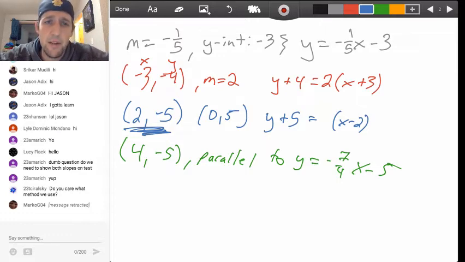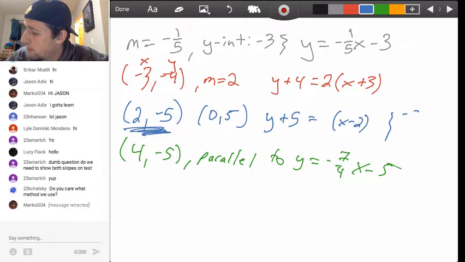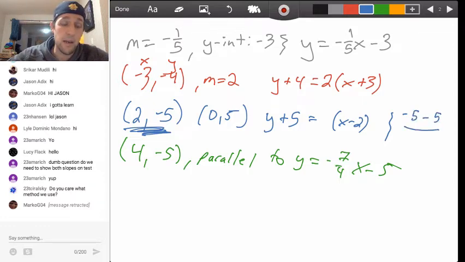The easiest way to find slope is to calculate your change in y over your change in x, and a change is just subtraction. It doesn't matter which way you subtract as long as you subtract the same way. So I'm going to subtract my y values. Remember, those are my second ones, and I'm going to do -5 minus +5. The only thing I have to make sure of is that I do the exact same subtraction over on the other side.